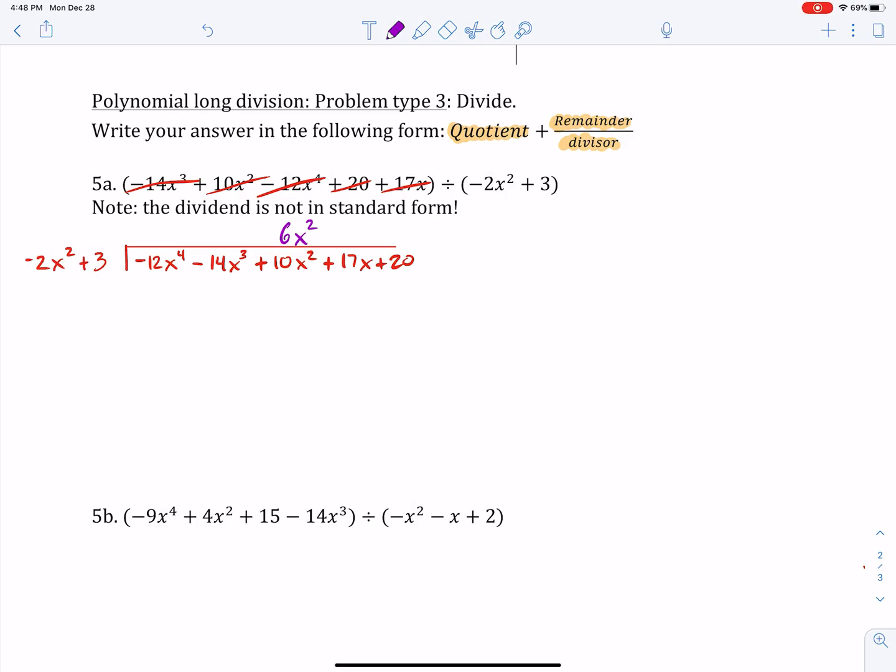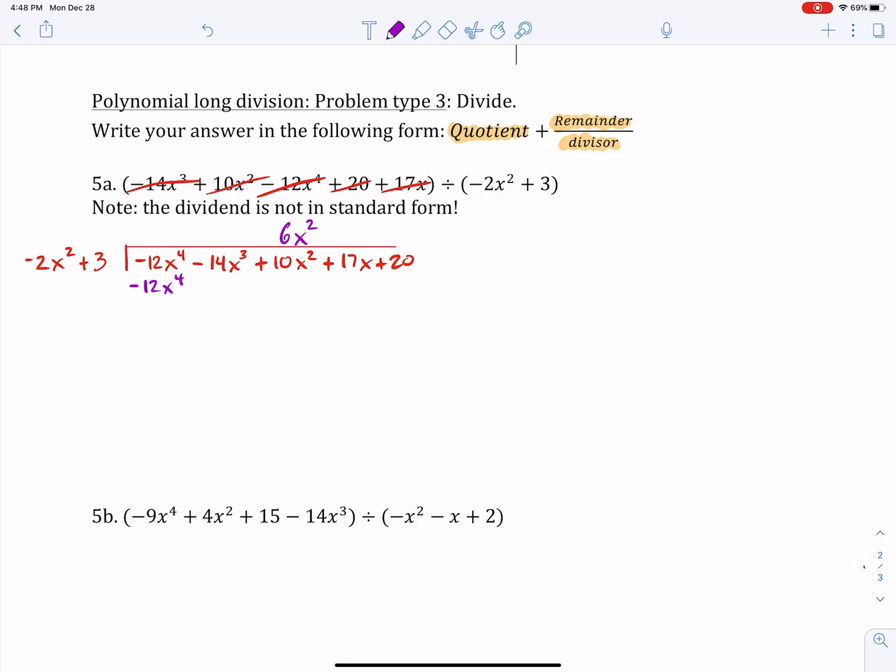Now that I did my division, now I need to do multiplication. 6x squared times negative 2x squared gives me negative 12x to the fourth. Then I need to do 6x squared times 3.